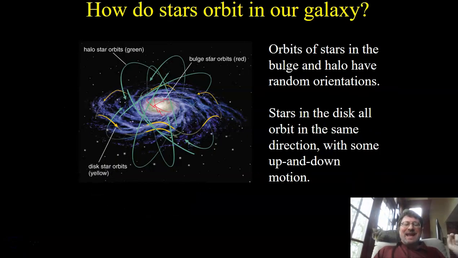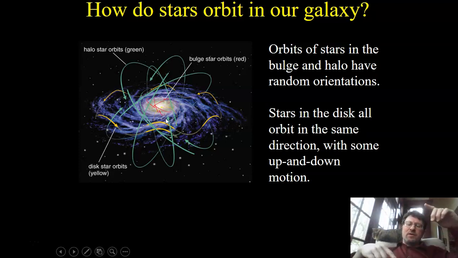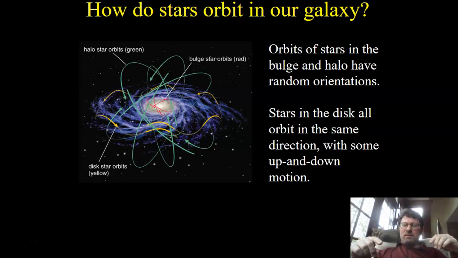The stars in the halo, they follow these orbits that are like these green arrows here. And the stars in the bulge, they follow the red. And in both cases, those orbits, they're a little bit more random, so to speak. Some may be coming from the back side of the image to the front.